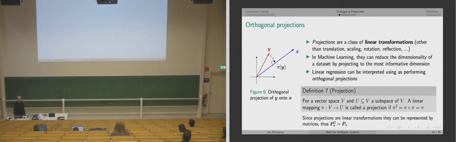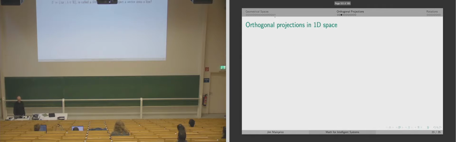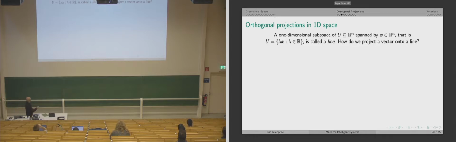But first, we're going to see the 1D case, the thing that I had on the left part of the slide. A one-dimensional subspace U of R^n, our n-dimensional Euclidean space, spanned by a single vector taken out of our Euclidean space, expressed in this way.